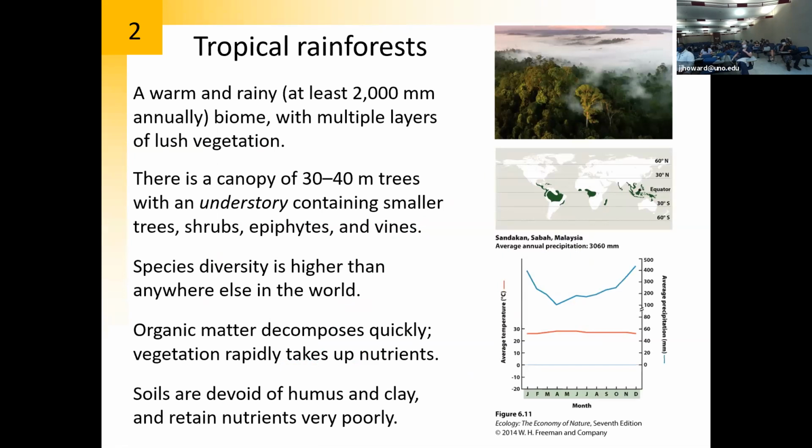Okay, tropical rainforests have at least 2,000 millimeters of rainfall annually, and it's generally evenly spread across the year. You'll remember that close to the equator, you get the intertropical convergence zone dragged across you twice in a year.